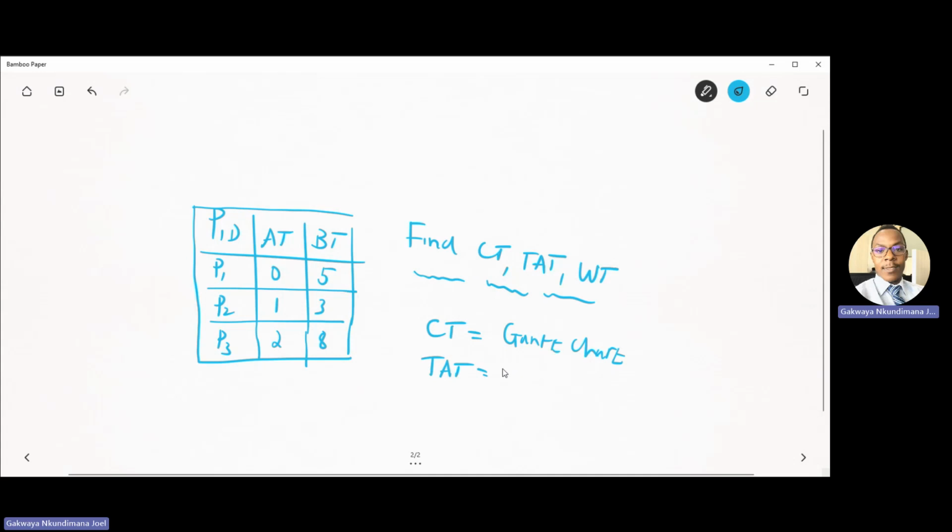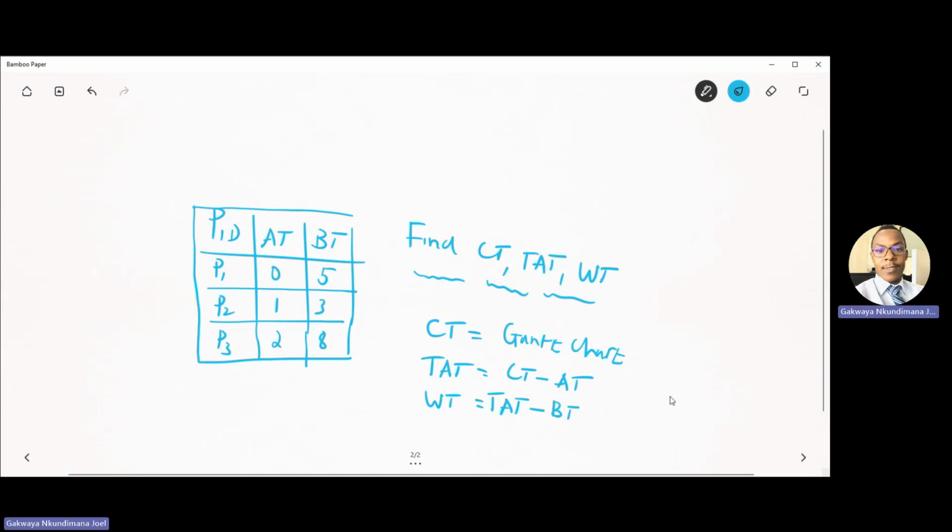Turnaround time is calculated by taking completion time minus arrival time. And waiting time is calculated by taking turnaround time minus burst time.